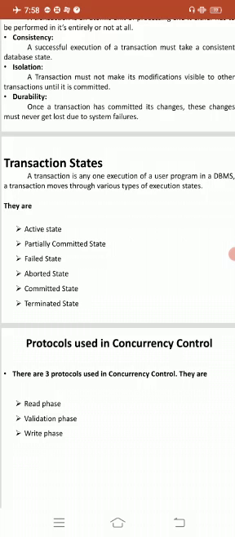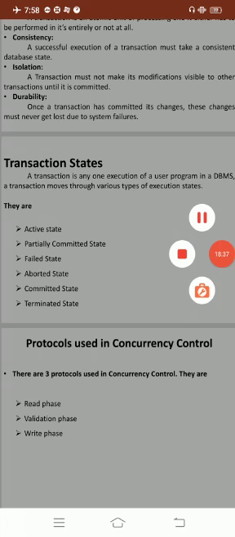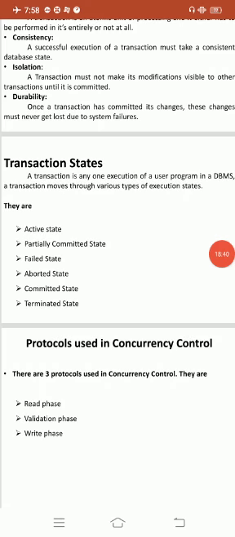If any of the checks fails, or if a transaction is aborted during its active state, a transaction can go to the failed state.